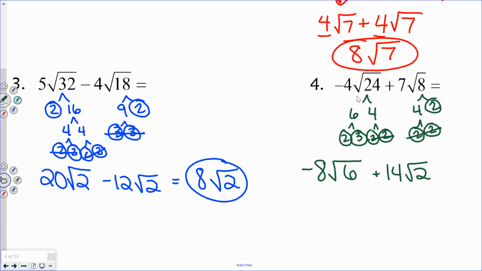Some of you got to that point and wondered what you did wrong, because they don't match. So do I put anything together? No. If they're not the same radical, they're not like terms, and I'm done. I don't have to worry about that anymore. Do you see what you did?